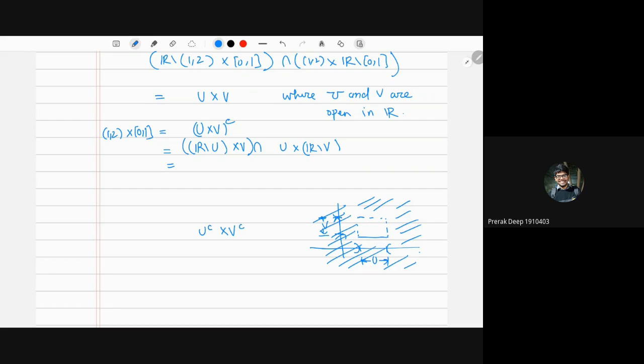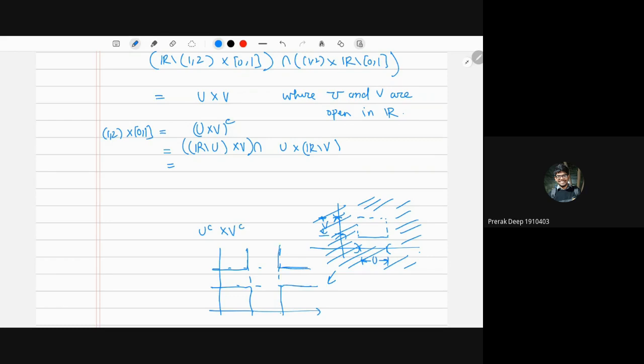If you take the product of these two, you will get this outside of this thing.